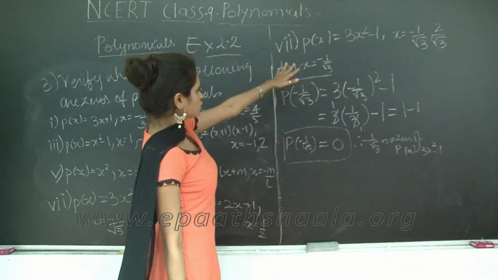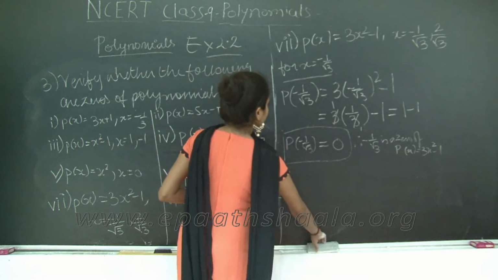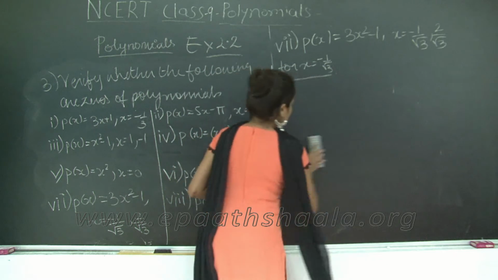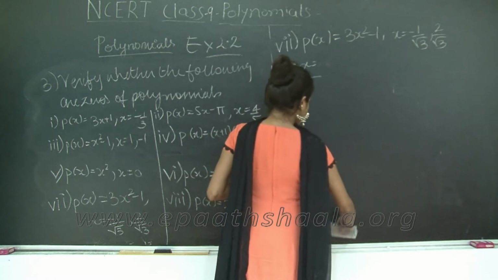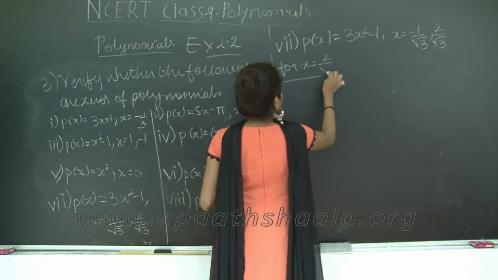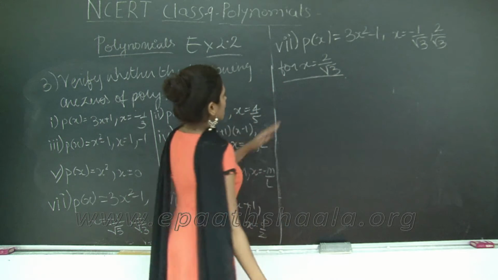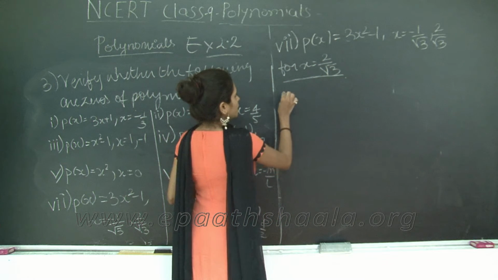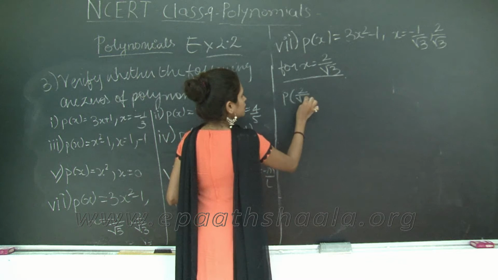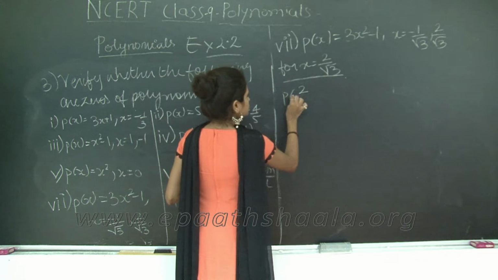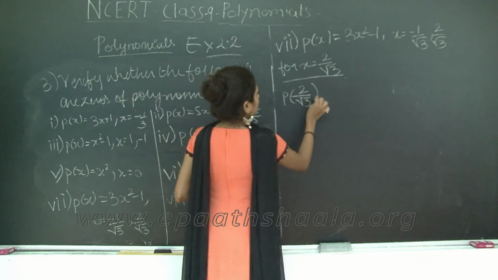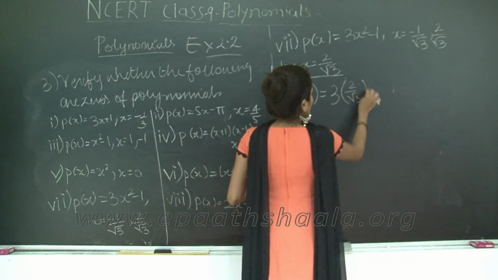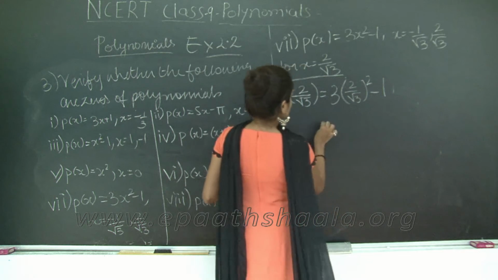I do not have much space to solve the second section, so I am going to erase x is equal to minus 1 upon root 3 and just solve the second part, which is 2 upon root 3, right? Again, substitute the value of x as 2 upon root 3 in this expression. You get P of 2 upon root 3 is equal to 3 into 2 upon root 3 the whole square minus 1, right?